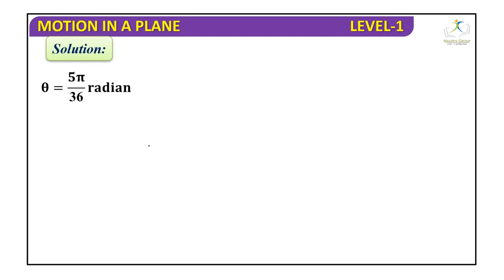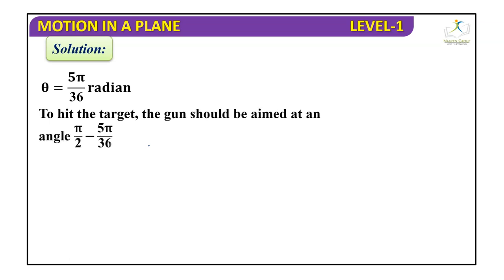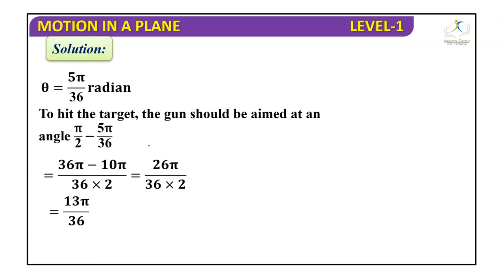Now move with the solution part, students. Theta is given as 5 pi by 36 radian. To hit the target, the gun should be aimed at an angle of (pi by 2 - 5 pi by 36), which equals (18 pi - 5 pi) by 36, equals 13 pi by 36, which is option number 4.